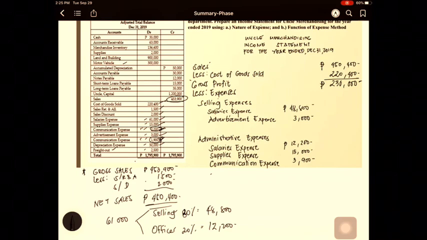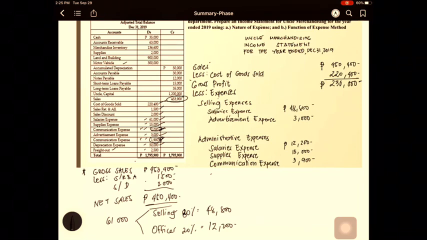But if the motor vehicle is not used in the delivery of goods, rather it is used for the utility of the office personnel or the workers of the business, then it's part of your administrative expense.